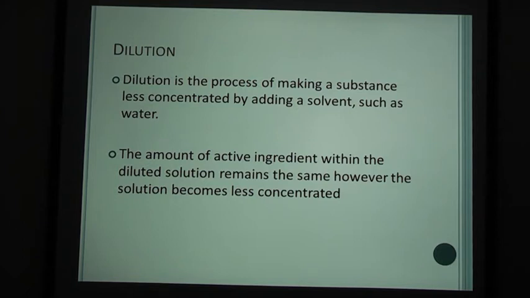So going back to the salt and water solution that we made earlier, if I have 100 ml of water and I put in 1 tablespoon of the salt, I've made the solution, the concentration is as it is. By then adding another 100 ml of water, the amount of salt in that solution is still exactly the same, but the solution is a lot less concentrated because it's got more of the solvent, more of the water in it.